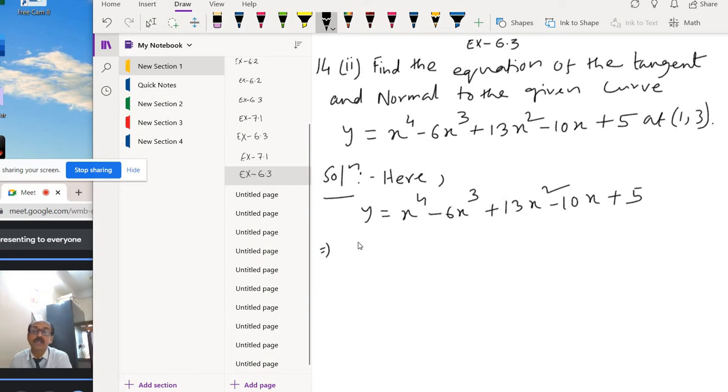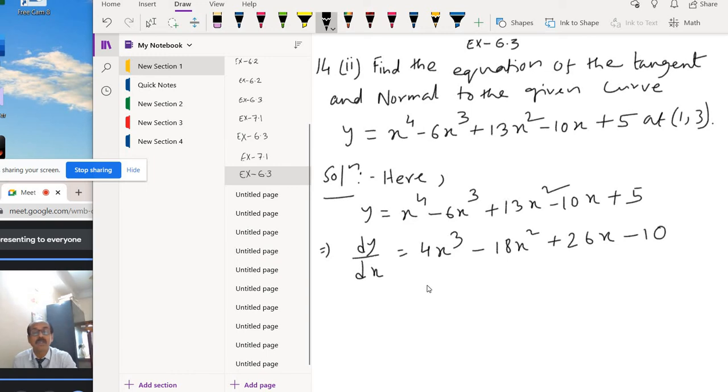So dy by dx equal to 4x cube minus 18x square plus 26x minus 10.